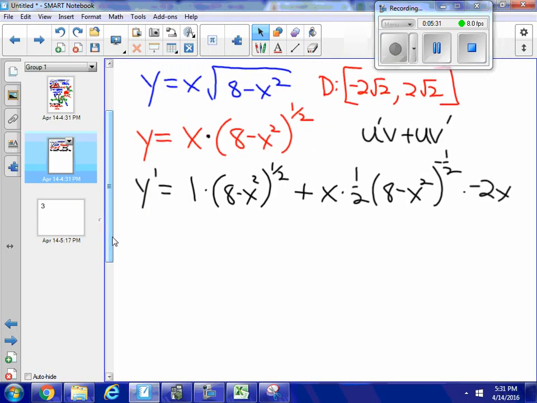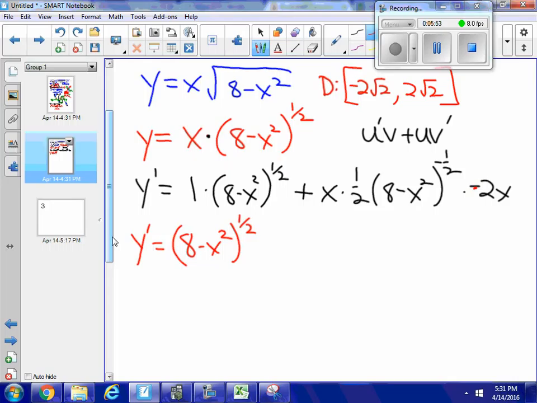So let's simplify a little bit. I have y prime is equal to 8 minus x squared to the 1/2 power plus, well, actually, instead of being a plus, it's going to be a minus, because I have a minus sign right there that is being multiplied times everything.